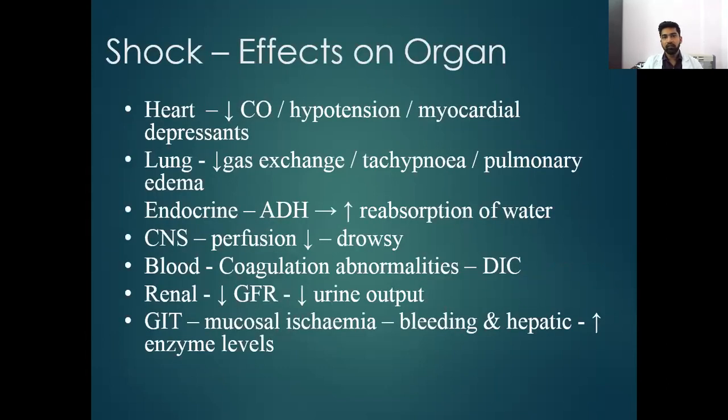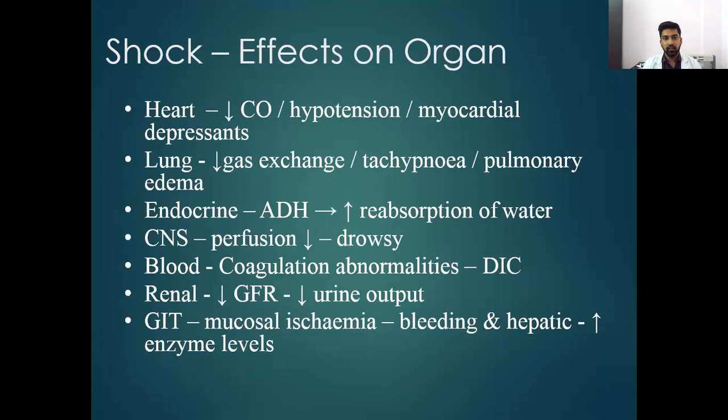Now, after shock occurs, what are the effects on your various organs? As we discussed earlier, shock can cause multiple organ failure and defects in multiple organs. So, what does it do? First, heart: decreased cardiac output, hypotension, myocardial depression.